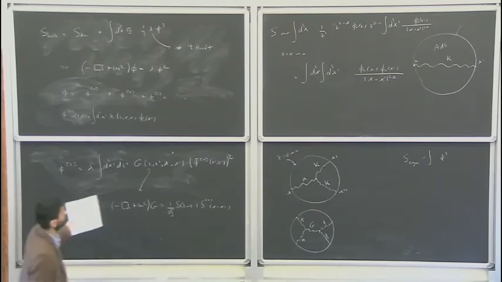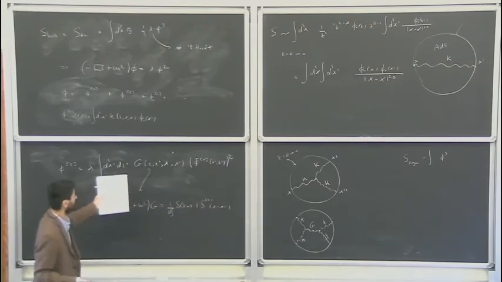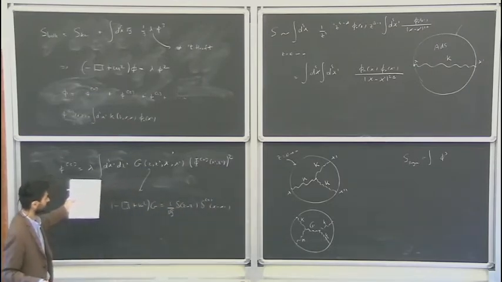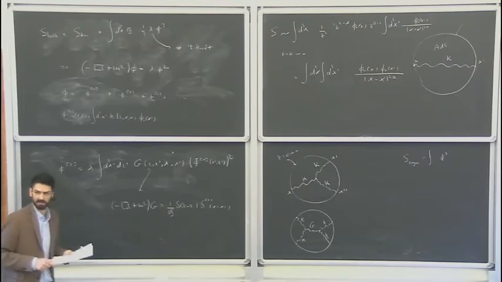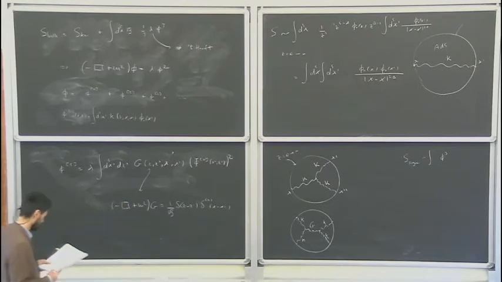Now, for K, I gave an explicit expression. For G here, there is also an explicit expression that you can find. It's given in terms of some hypergeometric functions, and you can find it in the literature. I don't want to go into more detail here. So, in principle, by this kind of perturbation theory, you can compute higher point functions.